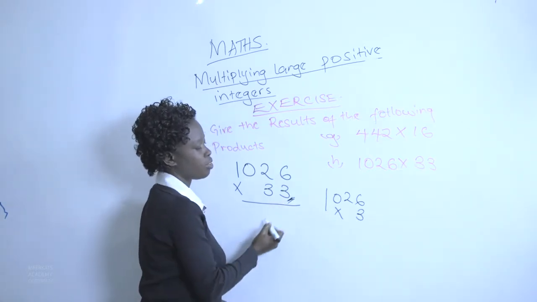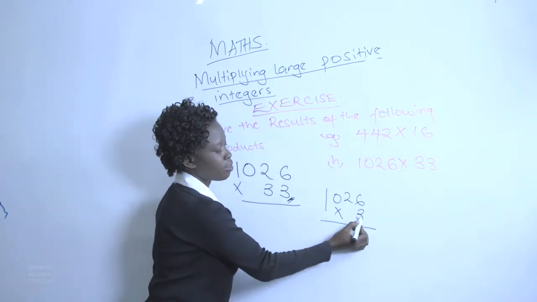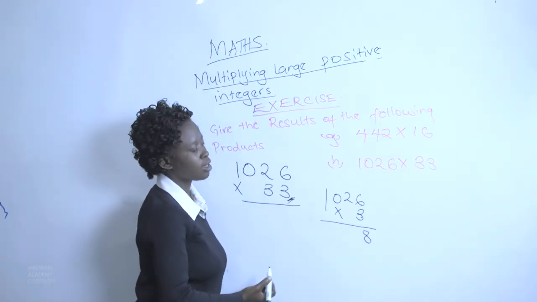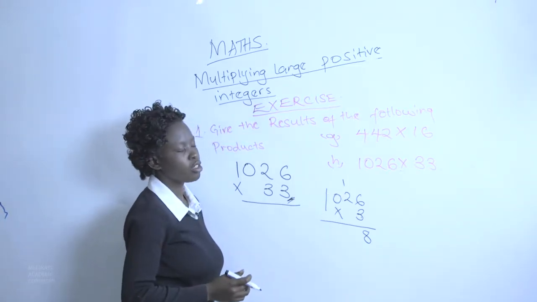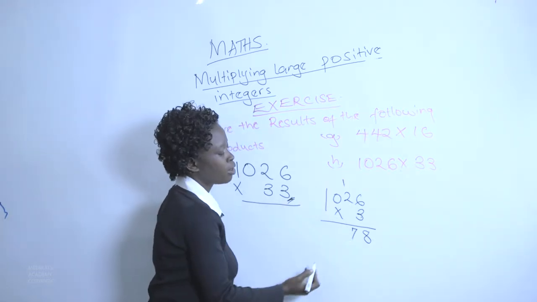This is the digit in the ones place value. So we'll get 6 times 3, that is 18. So we write 8, carry 1. Then we have 3 times 2, which gives us 6. Then plus 1, we get 7.